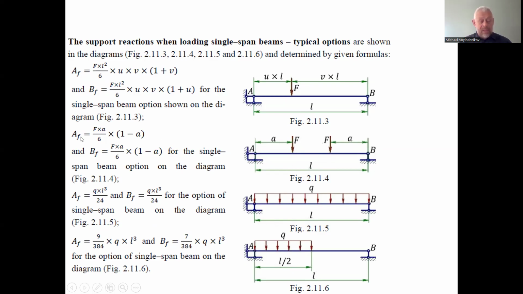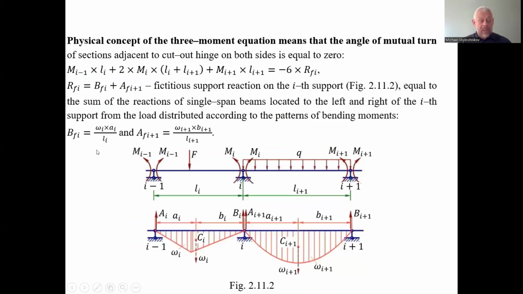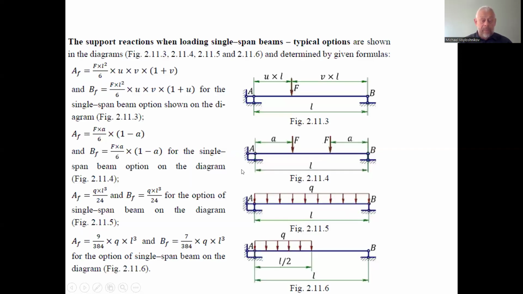We can find as well the summands required to find this fictitious support reaction for the considered supporting link and hinge point. If we have continuous load, we can use these two formulas, the option of a single span beam on the diagram.